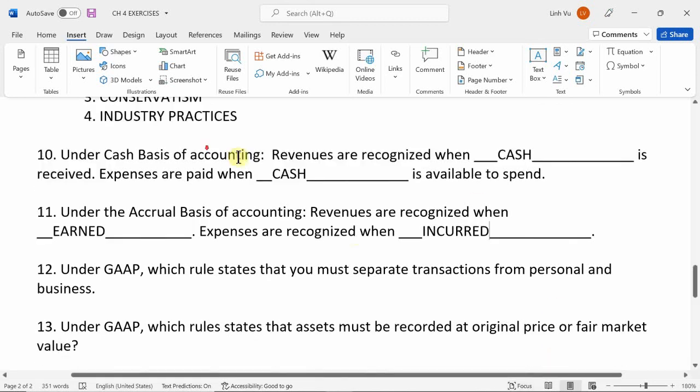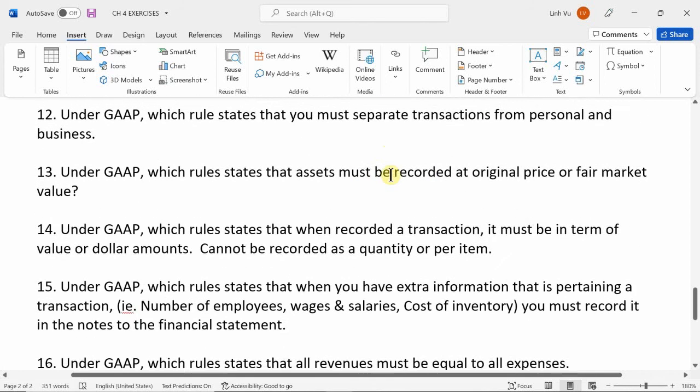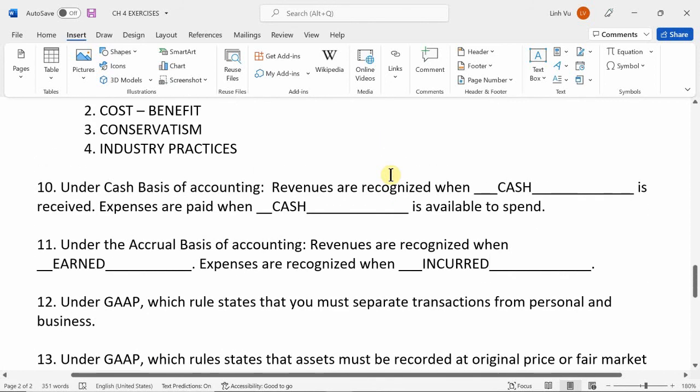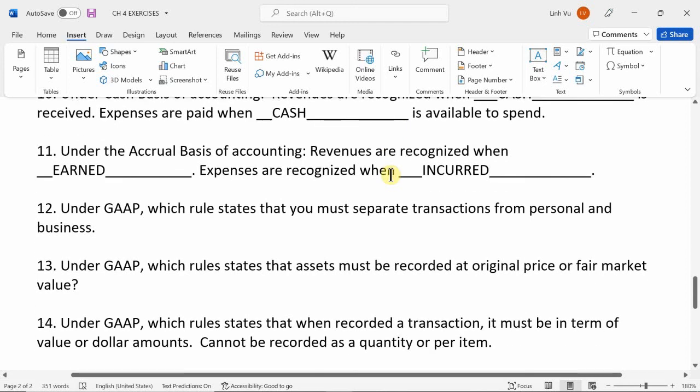So this is where I'm going to ask you to apply your knowledge in regards to the accounting principles. Number 12, under GAAP, which rule states that you must separate transactions of personal and business?